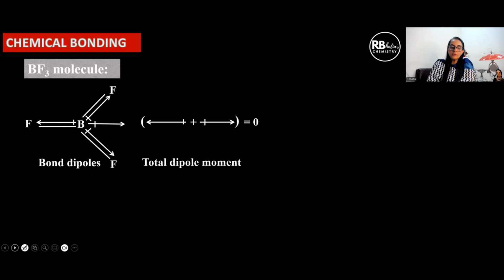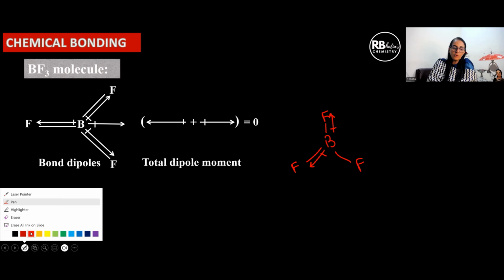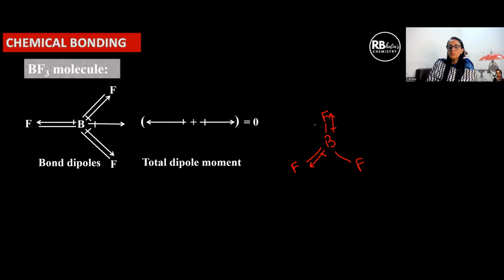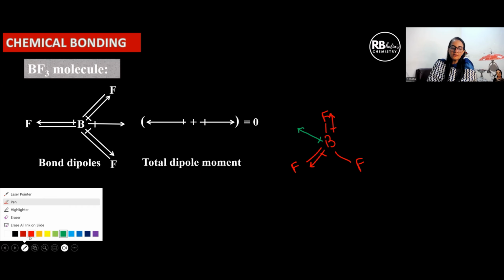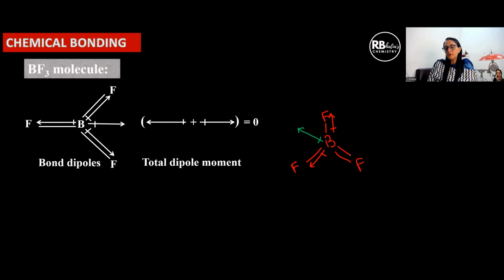Now, if I look at the BF3 molecule, what happens in BF3? The structure of BF3 is like this, right? So this is the direction of these two dipoles. If I find the vector sum of these dipoles, it will go in this direction. And this vector sum is going to cancel off with this third dipole.